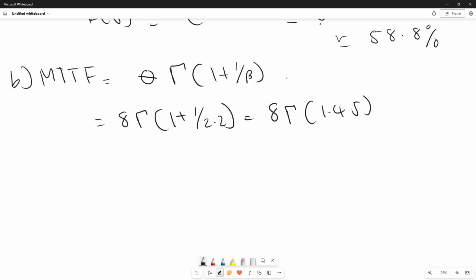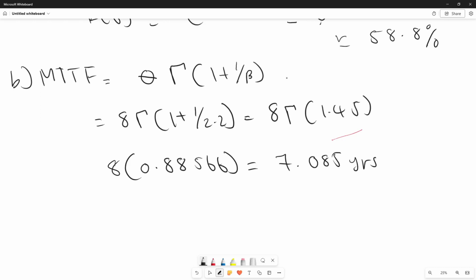When you look this up in the textbook, gamma function of 1.45 gives us 0.88566. So that times 8 gives us 7.085 years.